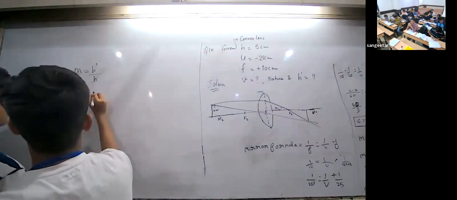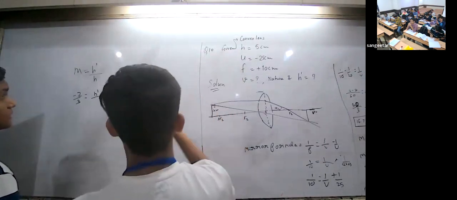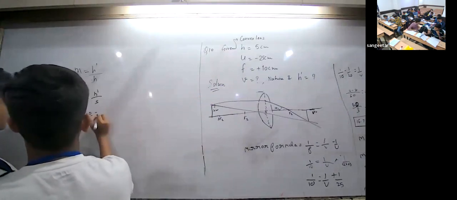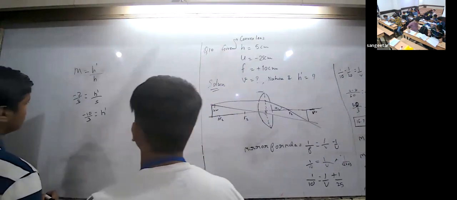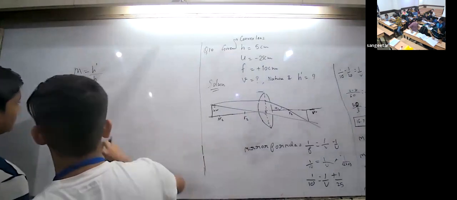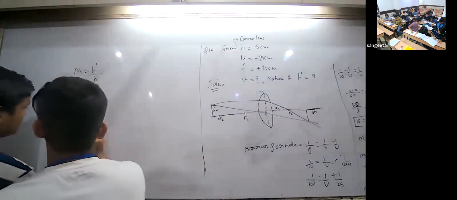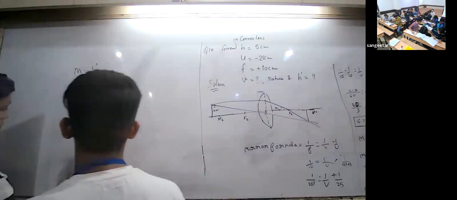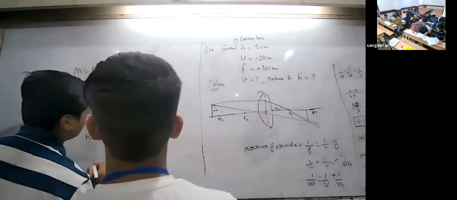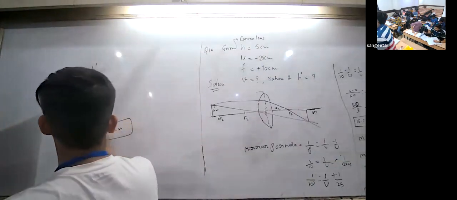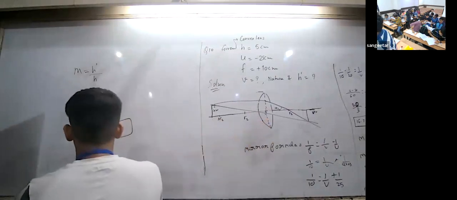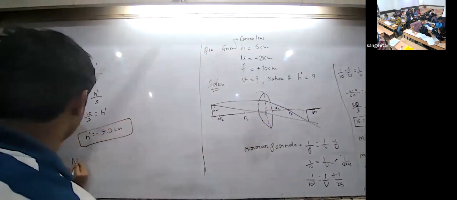After this, 1 by V is equal to 1 by 10. Now this goes minus 1 by 25, because this minus and minus becomes plus. So when it goes on the other side, this minus and this minus will become plus. Then it will be 1 by 10 minus 1 by 25.